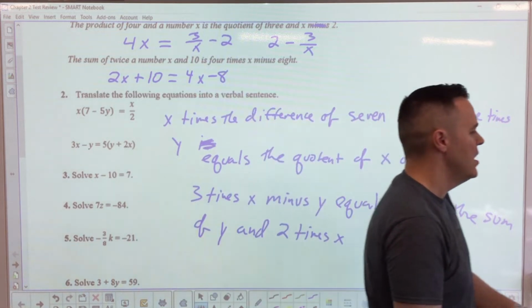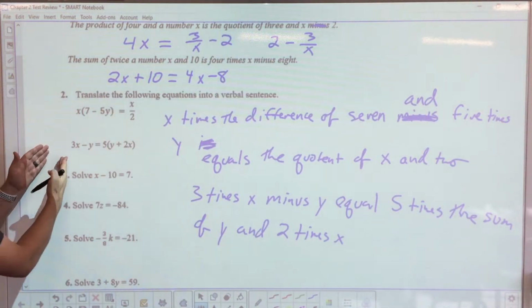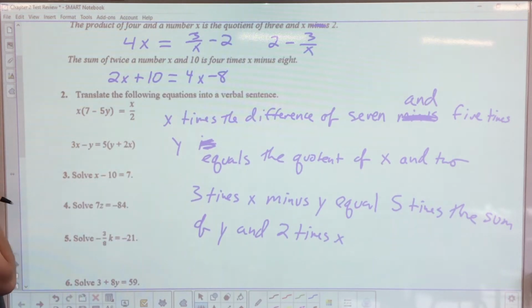Now, on the test, these are going to be multiple choice. Okay, so make sure you understand what you're looking at and how to read it. So I'll back out, make sure you guys write these down.